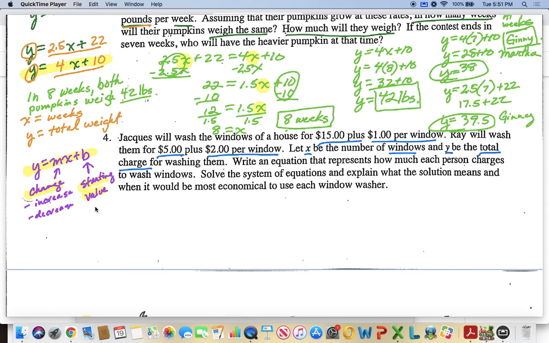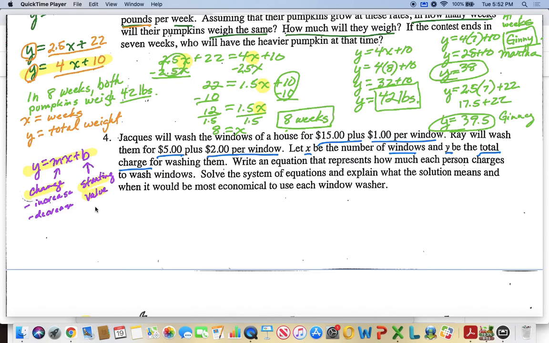So let's write an equation that represents how much each person charges to wash windows. Then we'll solve that system of equations and explain what the solution means, and when it's more economical to use Jacques and when it's more economical to use Ray.